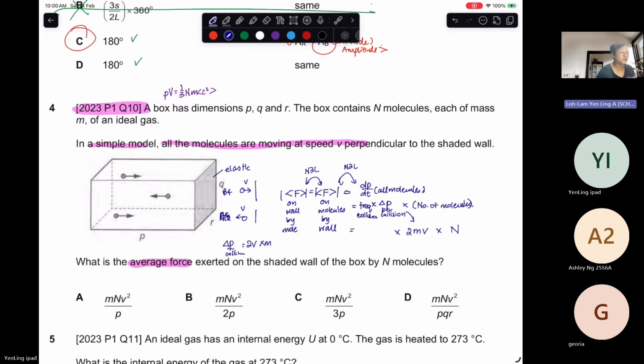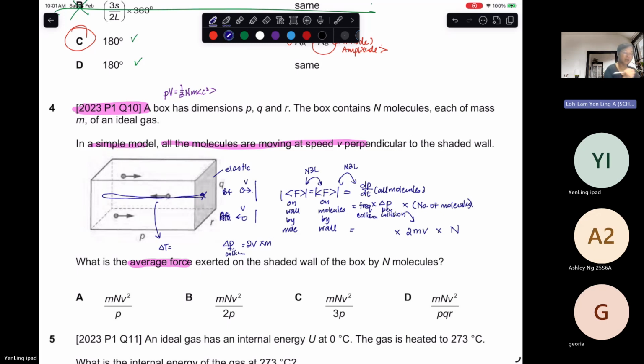Then what about the frequency of collision for each of the molecules? This molecule is going to hit, impact, go, and then take some time to come back again. So it's like an oscillation. In that case, we can associate the time between collisions.